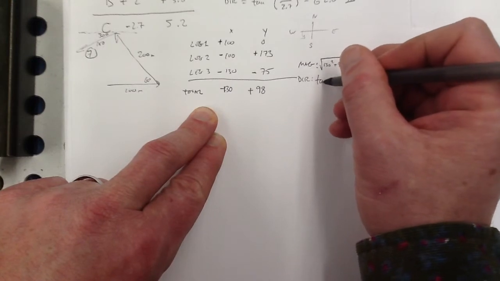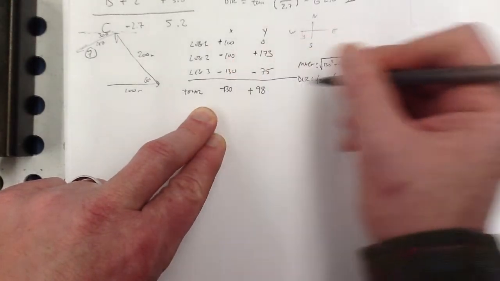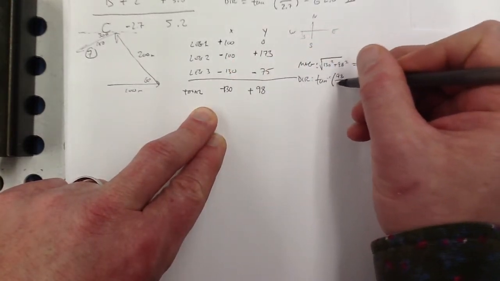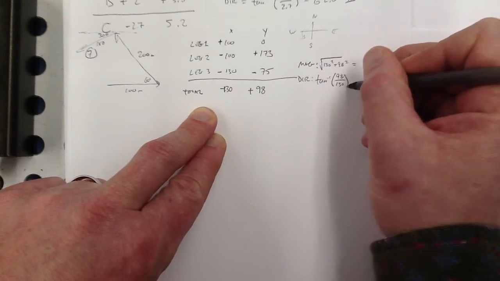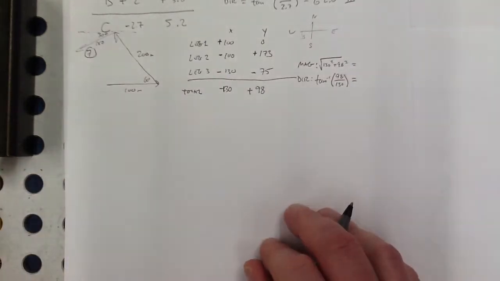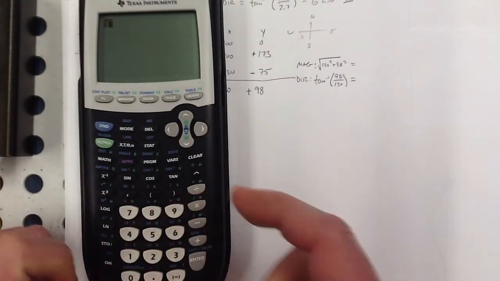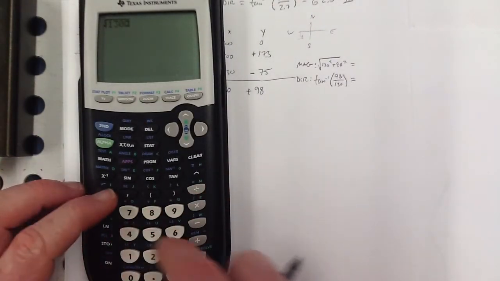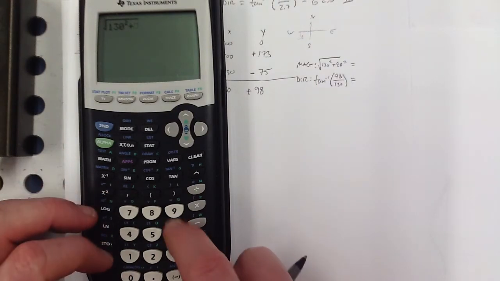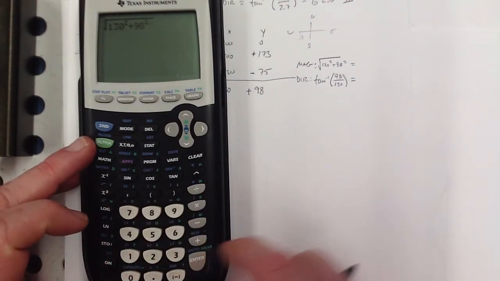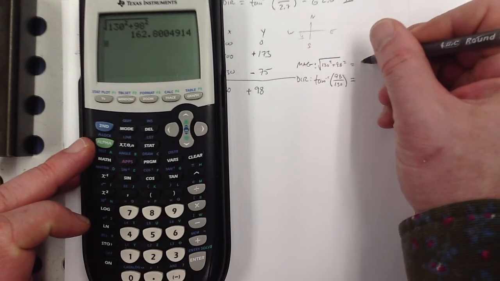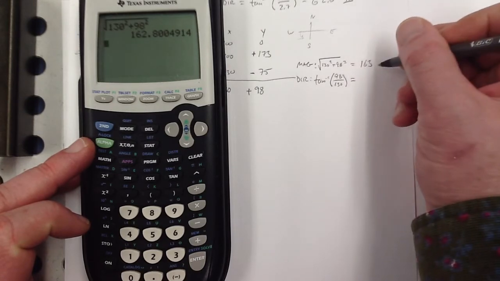Direction, tangent inverse y over x. 163, what is this, meters?